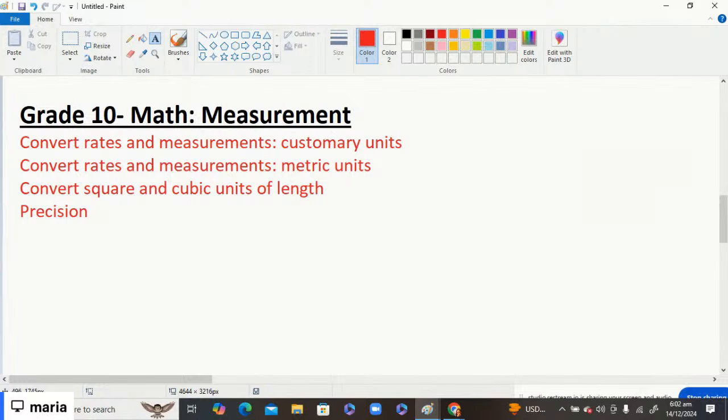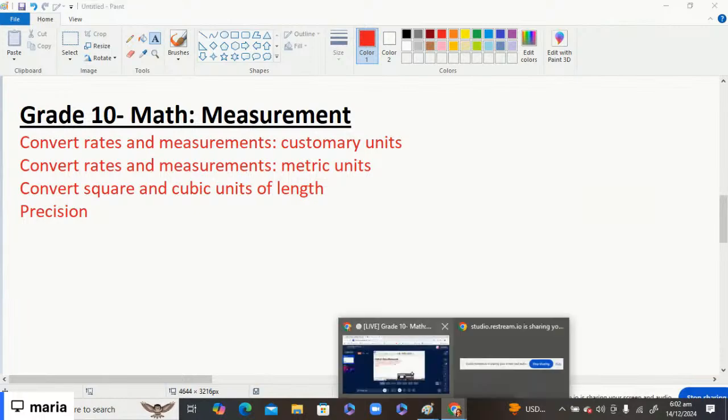You can find all the lessons on aplusstudent.com. You have to log in using the email and password provided by the administrator.